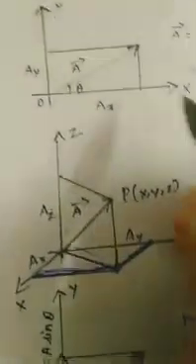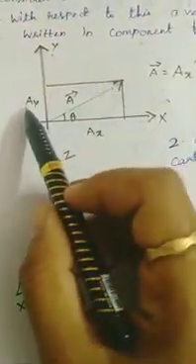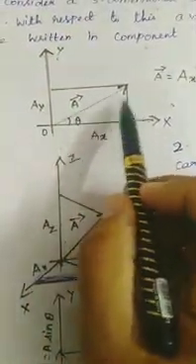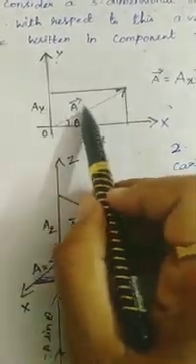Opposite by hypotenuse. So see here, this is the opposite side by hypotenuse. So ay by a. So what will we get? A sine theta is equal to ay.